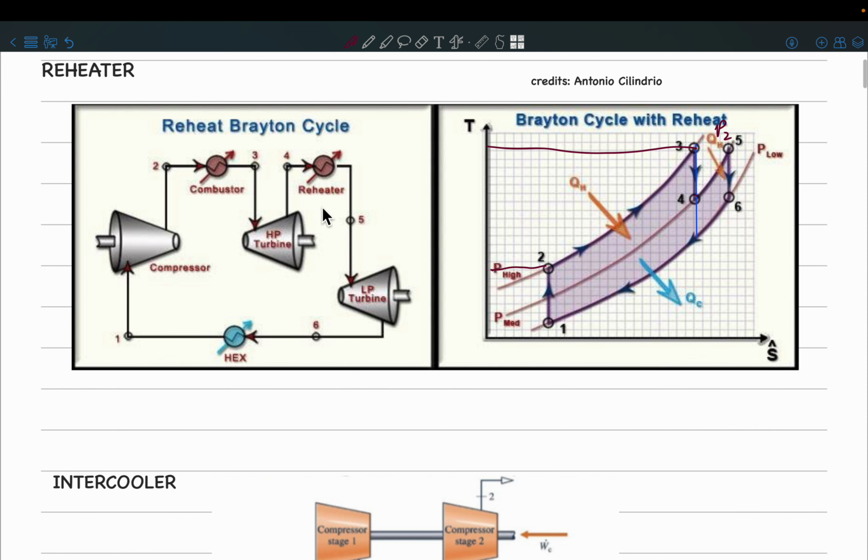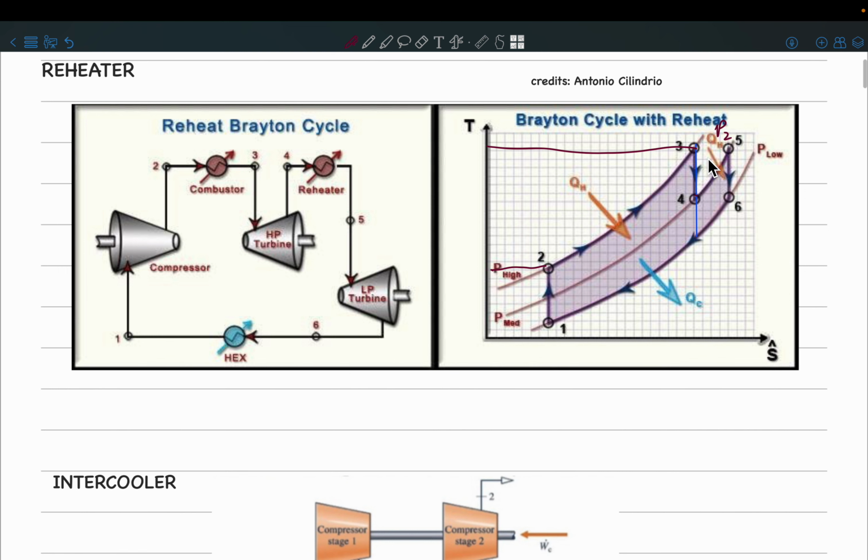For the afterburner, this is a very well known fact, because in an afterburner you are not raising the temperature from just 4 to 5, it goes much beyond. The temperatures will be much more than this T3. So in an afterburner, it is very clear that the thermal efficiency is going to decrease. In a reheater, if this increase is very small, then it is difficult to say.